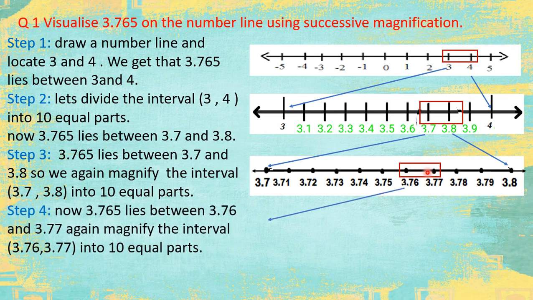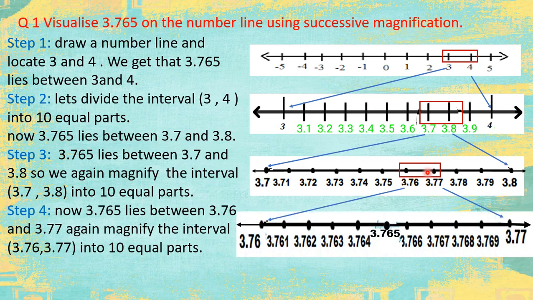Then the parts between 3.76 and 3.77 are 3.761, 3.762, 3.763, 3.764, 3.765, 3.766 and up to 3.769 and last 3.77. That means these are the 10 equal parts between 3.76 and 3.77.